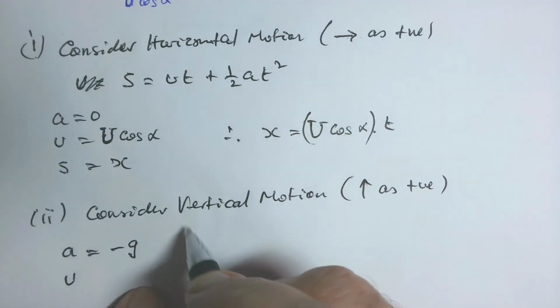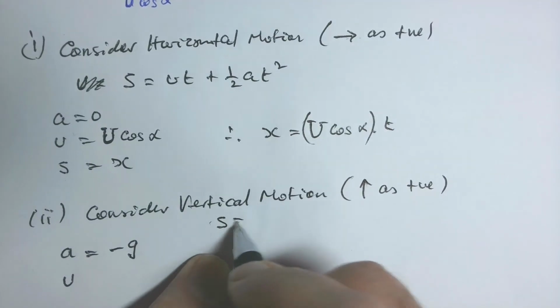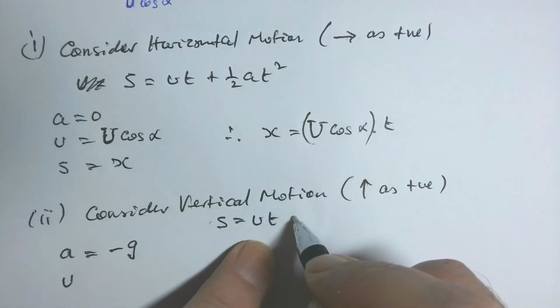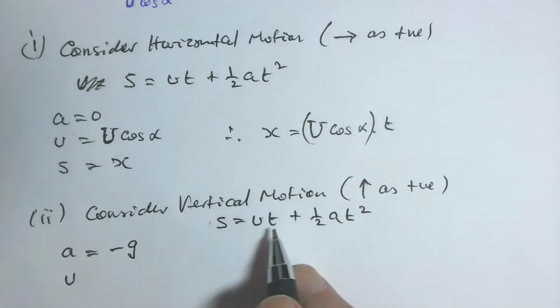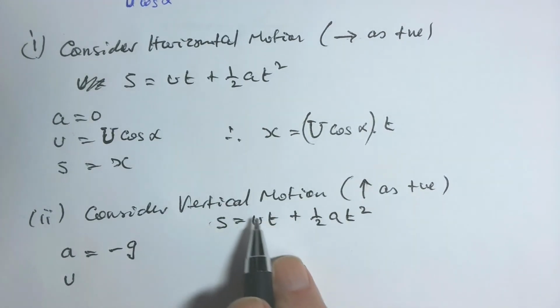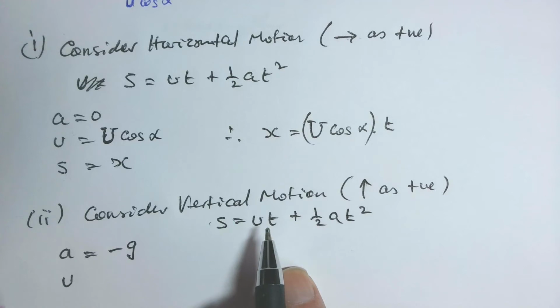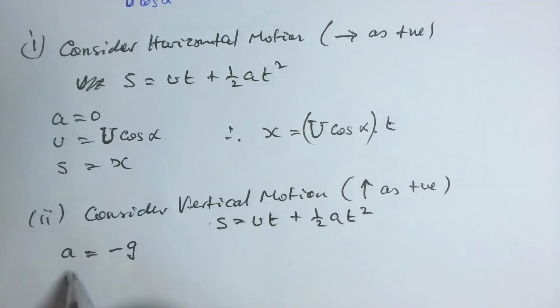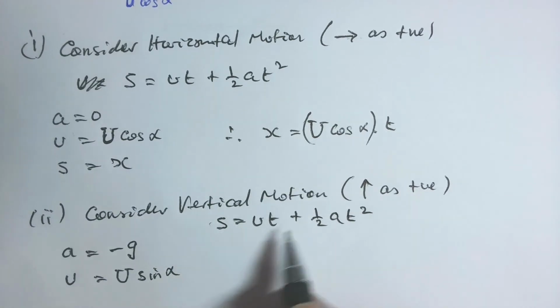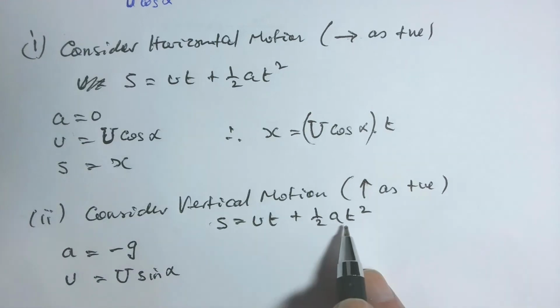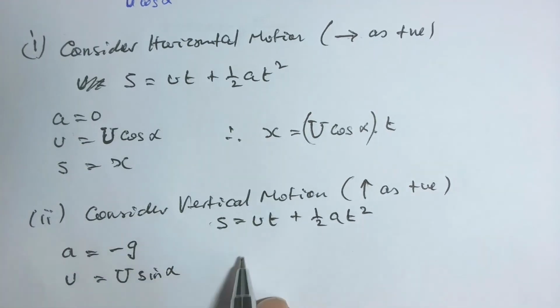so we're still going to use this SUVAT equation, s equals ut plus a half at squared. But this time we're considering the vertical motion. So u is the initial velocity in the vertical direction, which is going to be big capital U sine alpha. t is just t. a is minus g.